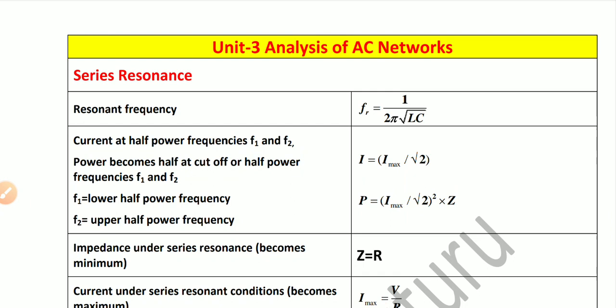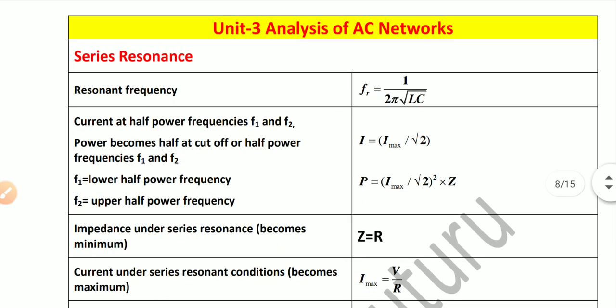So, this condition is called resonance. Resonance means simply the reactance will be 0, impedance will be equal to resistance, so that the power factor will be unity. Therefore, the resonant frequency is Fr is equal to 1 by 2 pi root over LC.